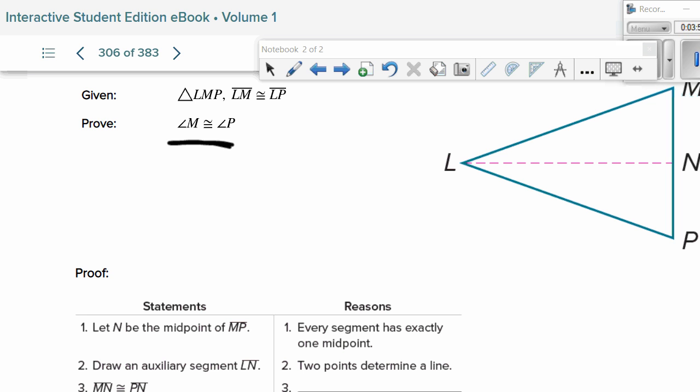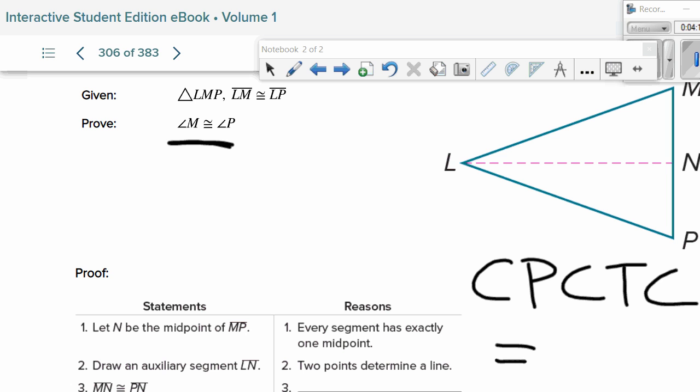So my last step in my proofs is going to be the CPCTC thing. We were introduced to that at the beginning of this chapter. Congruent parts of congruent triangles are congruent. Okay. So some math guys like to do this. Congruent parts of congruent triangles are congruent.